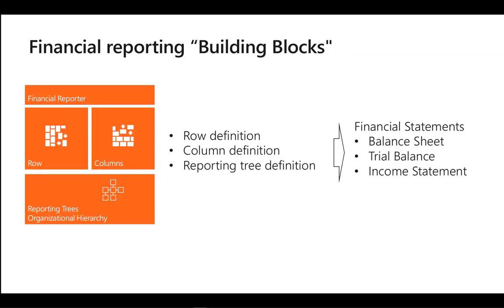A row definition can contain up to 20,000 financial dimension rows and can include descriptive text that adds meaning to the report by creating section headings, lines, and spaces such as cash or total revenue.